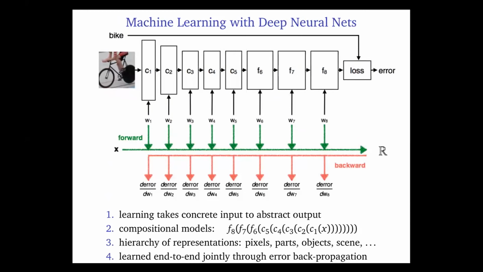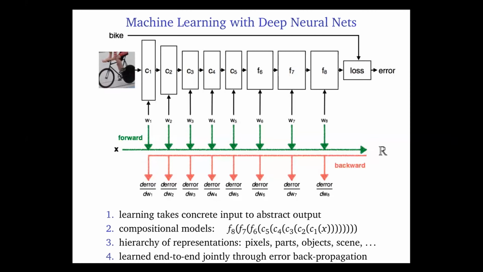And this is a one-slide review of what deep learning is about. You have an image, you want to predict what the semantic class of this image is. Through a succession of compositions of simple, elementary functions, you build a hierarchical representation in a completely data-driven learning fashion.